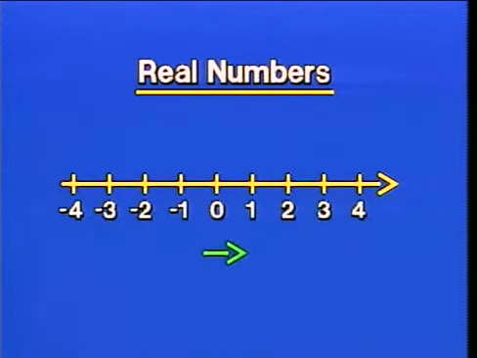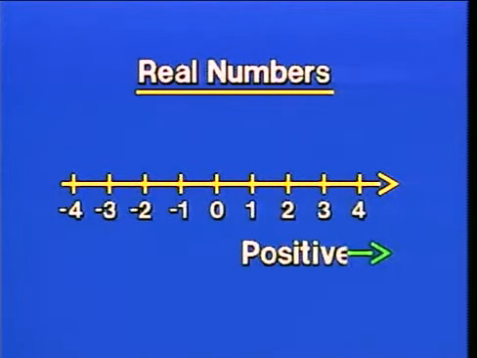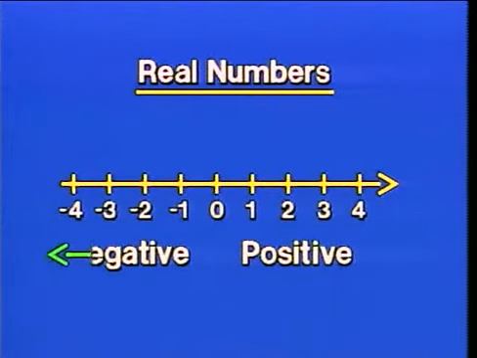And from 0, if we look out to the right, we see positive numbers, and to the left of 0, we see negative numbers. Now, 0 itself, remember, is neither positive nor negative. Now, what we've done here is we've labeled the 1, 2, 3, 4 to the right of 0, and -1, -2, -3, -4, and so on to the left of 0. But really, the real numbers contain all the numbers in between those integers that we have listed.